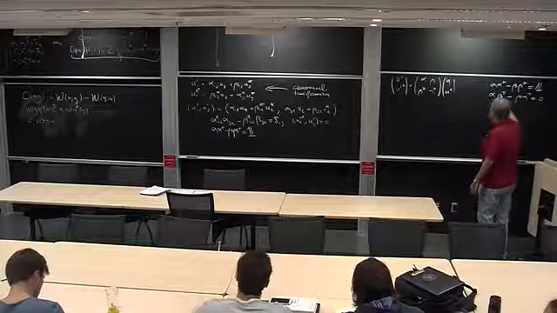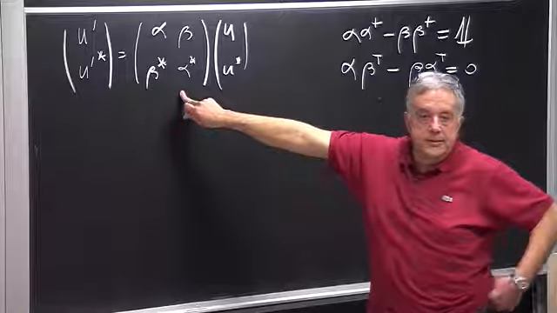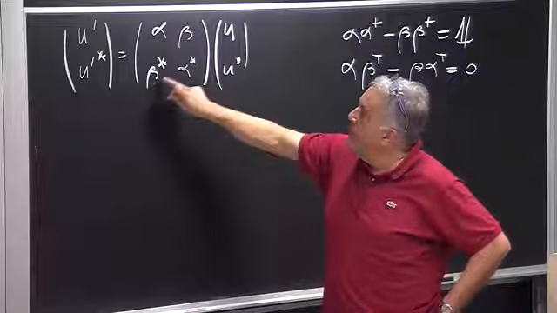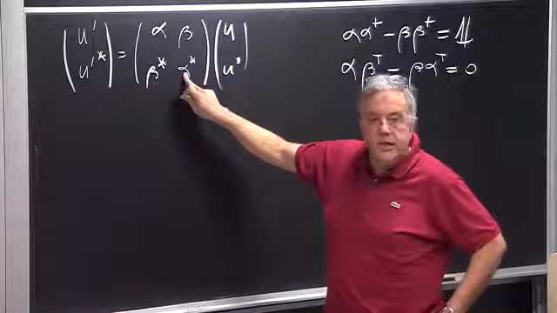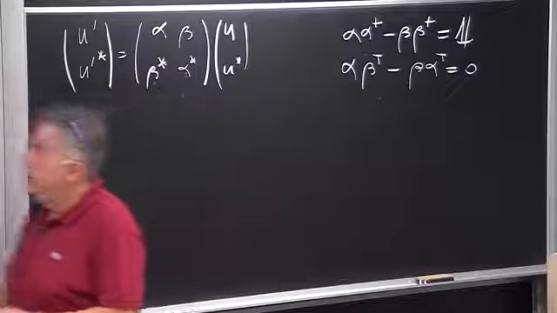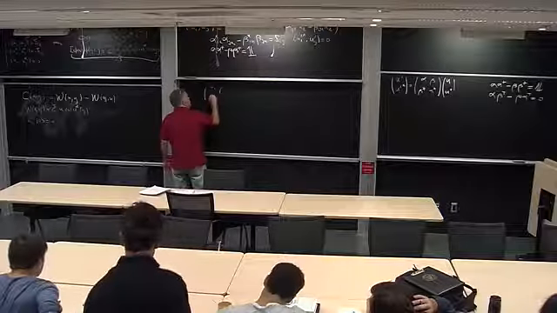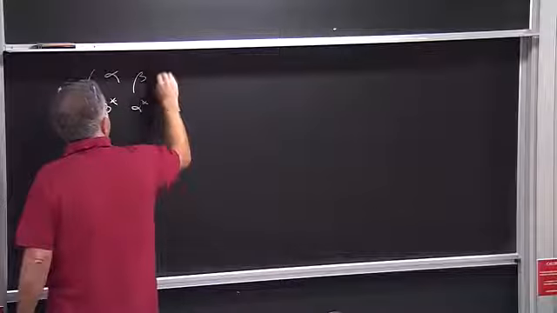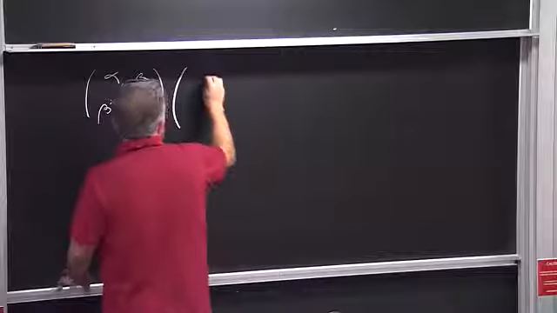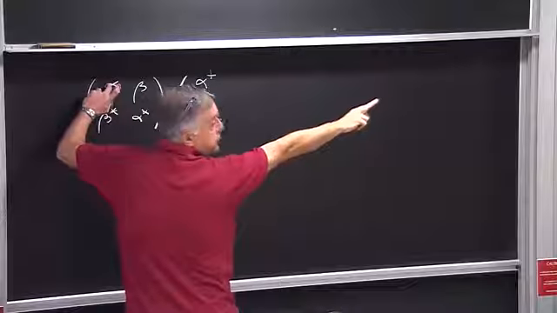Now I have these two relations. I can use those two relations to invert this matrix. This is a block matrix made by matrices. Okay. So if I use this relation, I have alpha beta star, alpha star. If I put here alpha dagger minus beta dagger, this is the first relation, you see?